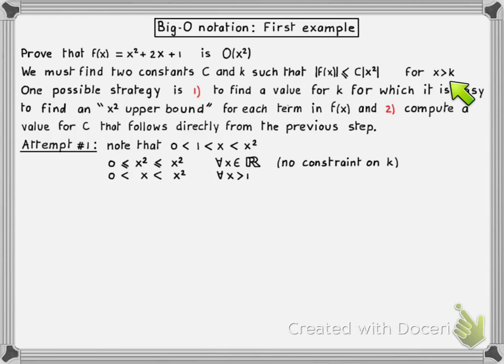Well, if k is equal to 1, we're all set because then x is greater than k. But of course, k could be greater than 1. If x is greater than k and k is 3, then x is clearly greater than 1. So what this step tells us about k is that k must be at least 1 for this set of inequalities to hold. So let's record this constraint.